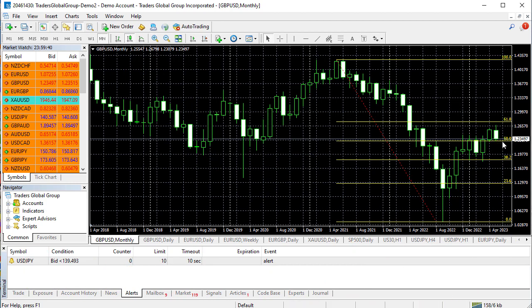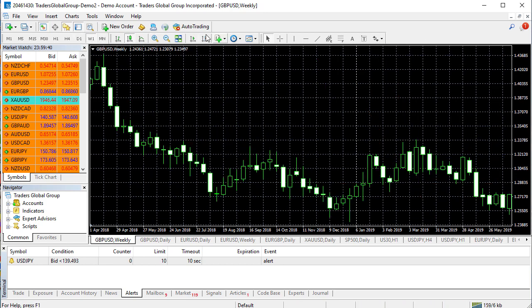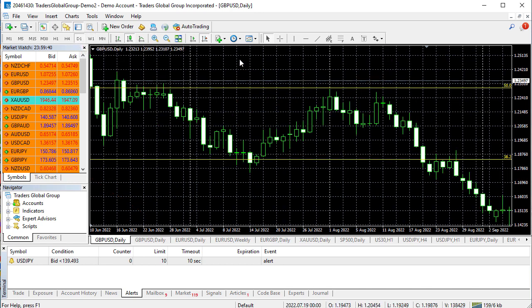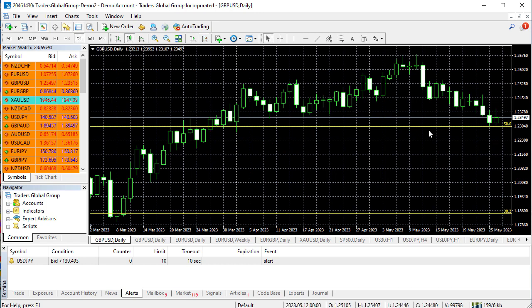So for GU, it may also fall to 38, but since it's crossed the 50 level well and it's coming back to it, maybe we may see a bounce up. But for now on GU, we can expect a trend downwards until the market structure is broken.